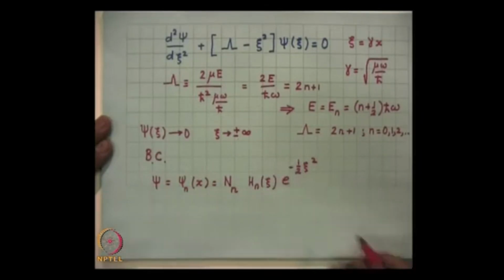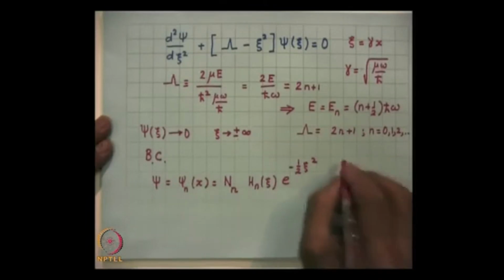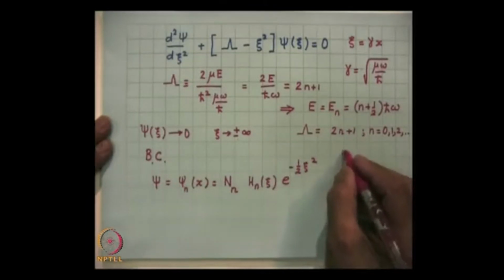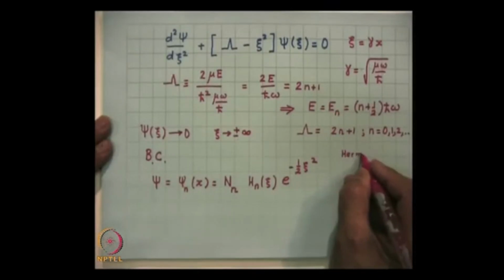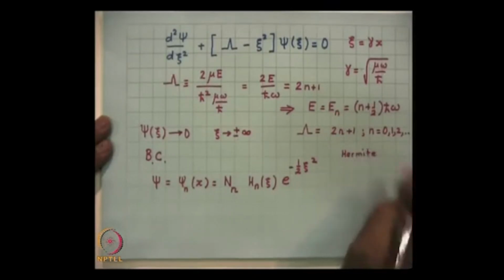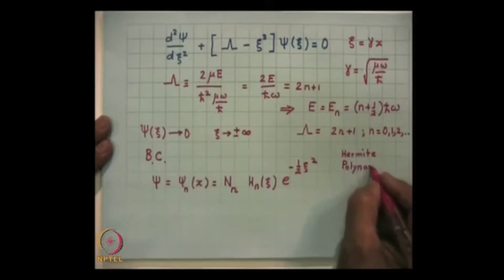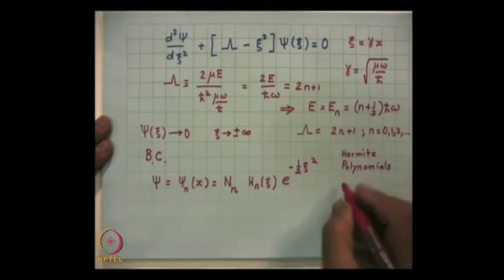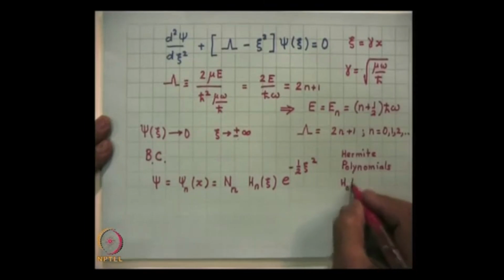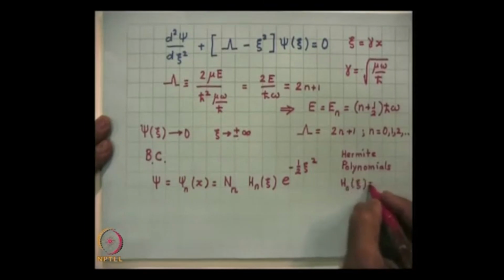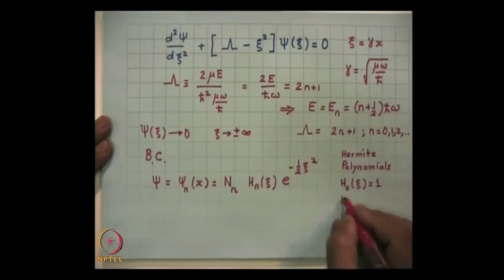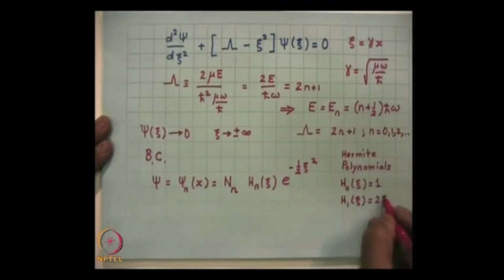This is of course a Gaussian function, and H n of xi are known as the Hermite polynomials, after the French mathematician Hermite. In fact, H 0 of xi is equal to 1, H 1 of xi is equal to 2 xi. Maybe you have read these in your mathematics class.